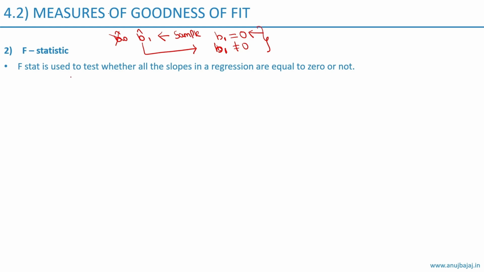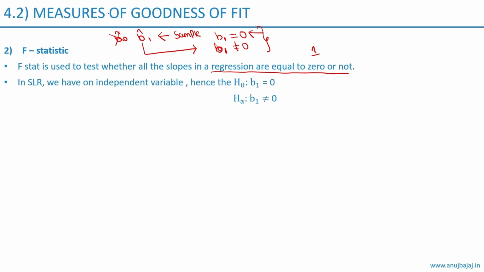The F statistic is used to test whether all the population slope coefficients in a regression are equal to 0 or not. In a multiple regression, we have multiple slopes because we have multiple independent variables. But in a simple linear regression, as we have only one independent variable, we have only one slope.